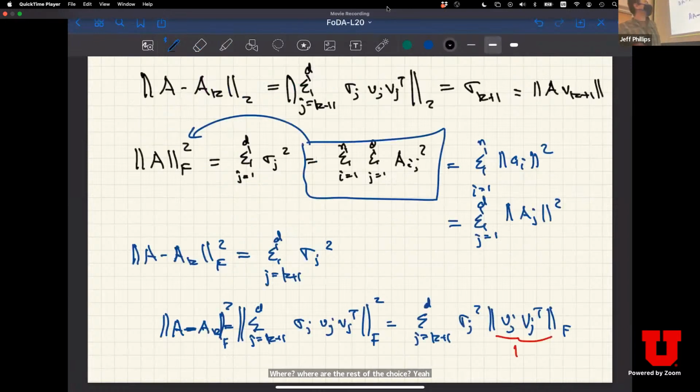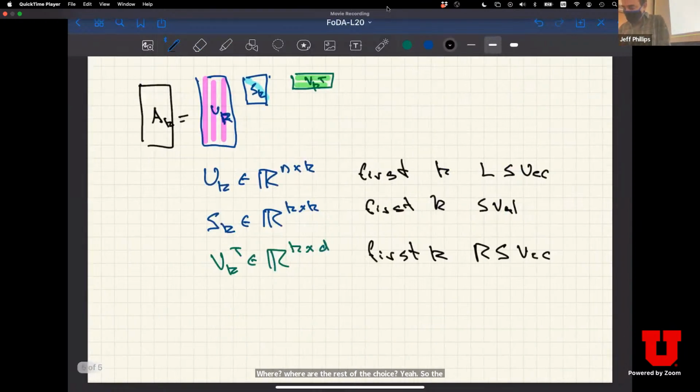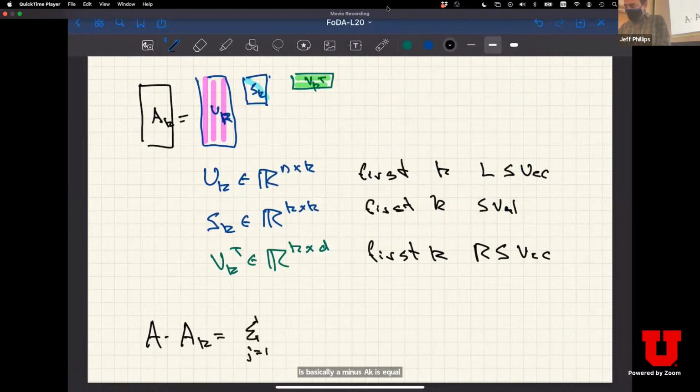Yes. I think what they're asking about is this expression, A minus A_k is equal to the sum from j equals k plus 1 up to d of sigma j u_j v_j transpose, right? So there are d minus k terms in here.